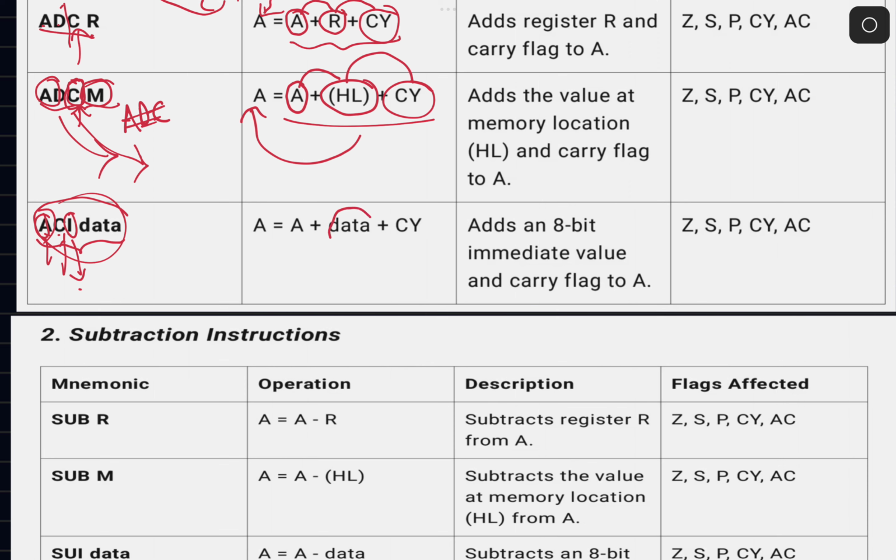This immediate data, which is provided in the instruction, should be added with the content of the accumulator, and we have to take care of the carry flag also. If your carry flag is set, we have to add 1 at the end, or if it is 0, we can just discard it, and the final result is stored in the accumulator.